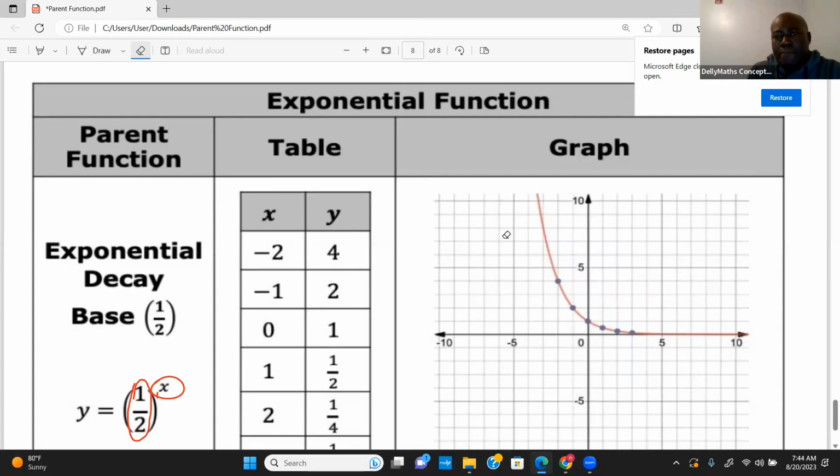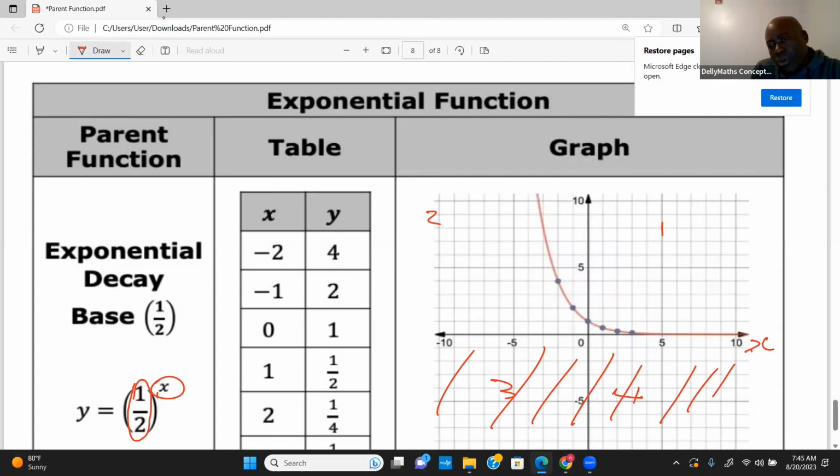So as you could see, this one does not go below the x-axis either, does not go in the negatives. And you can see that it starts in quadrant 2 and it ends in quadrant 1, right? So it is decaying because the values are dropping as it goes, right?